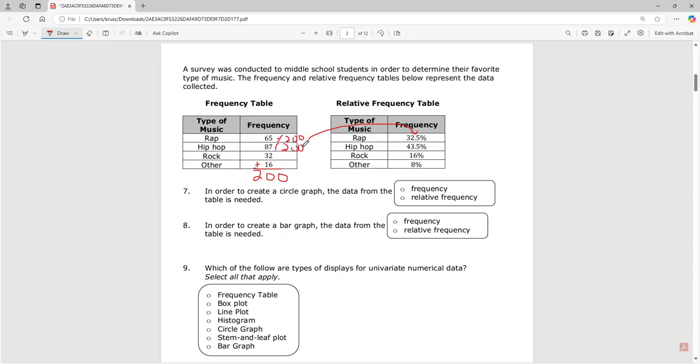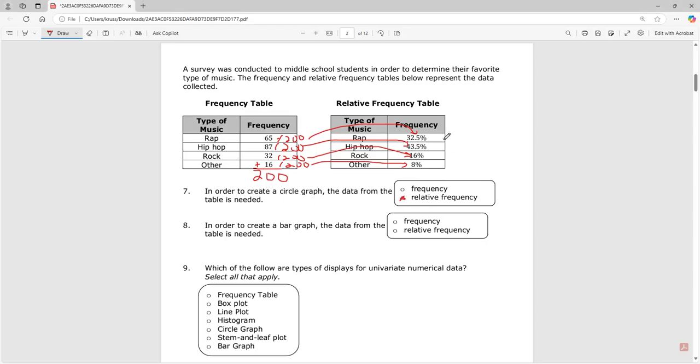If I divide this by 200, I'm going to get the decimal equivalent of that, which is 0.43. And so on and so forth. Divide each one of those by 200. For instance, if I do 16 divided by 200, it's pretty obviously going to be just 0.08 or 8%. Okay, so in order to make a circle graph, you need to know the relative frequency, the percentages.